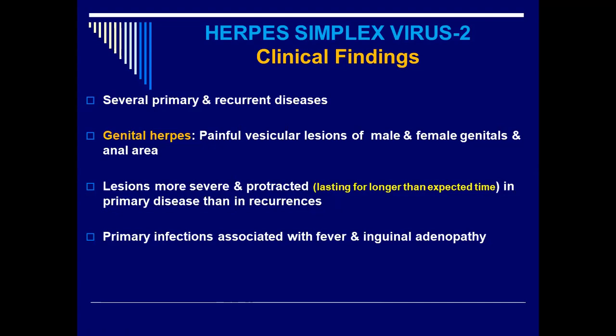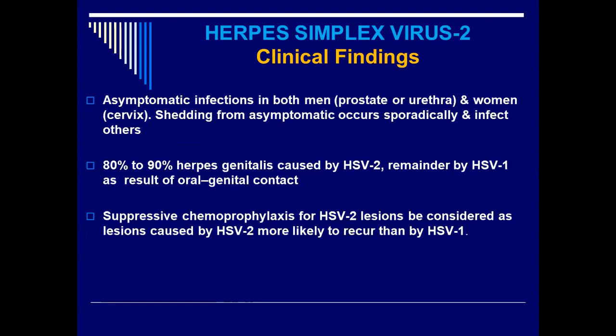they are milder. The primary infection is associated with fever and inguinal adenopathy in case of genital herpes infection, which is caused by HSV2. The asymptomatic infection in both men and women: you can have the asymptomatic infection in case of male in the prostate and urethra, in case of females in the cervix.